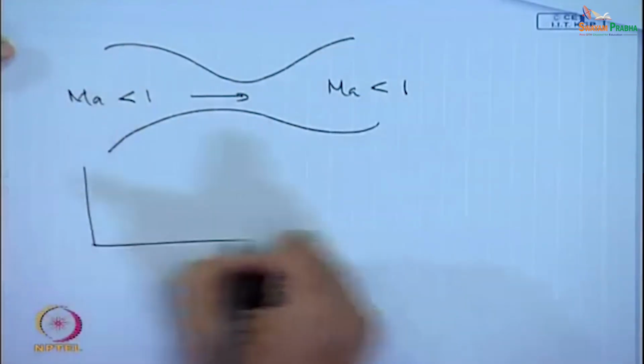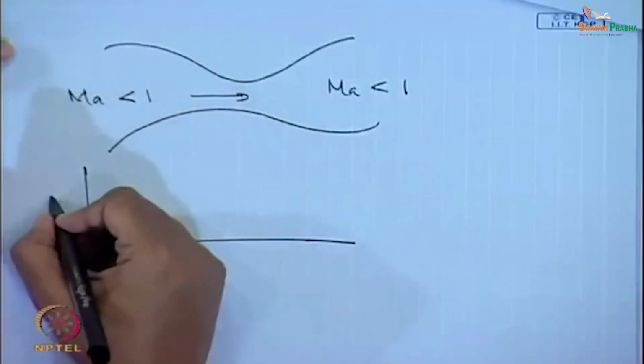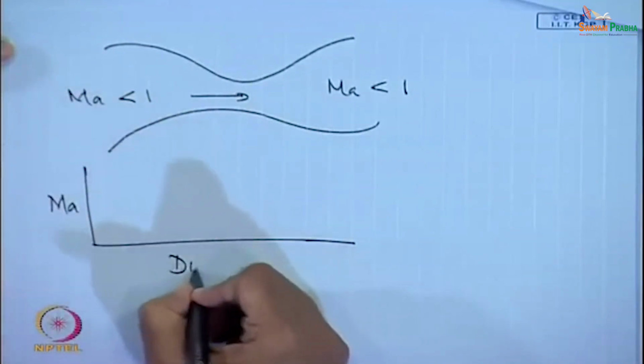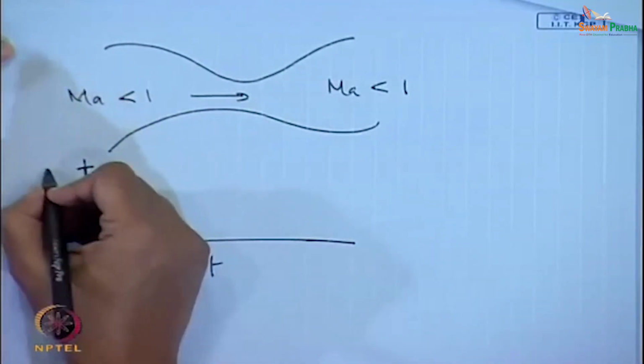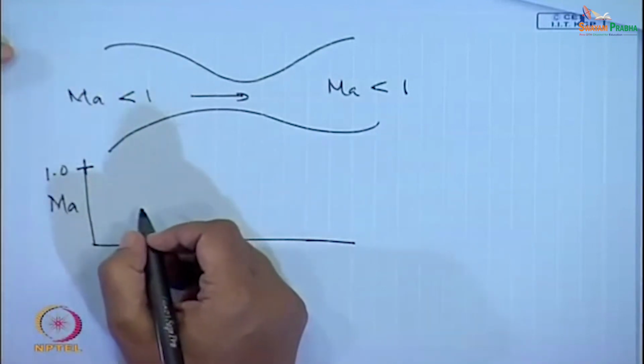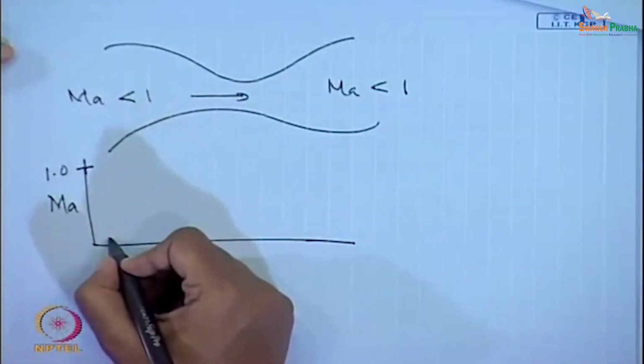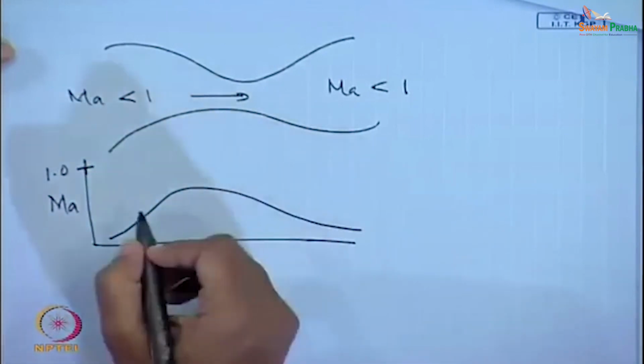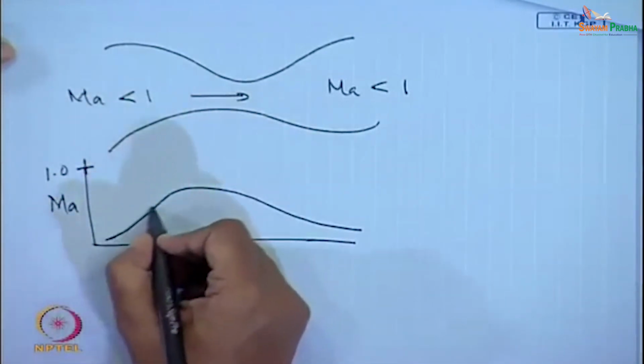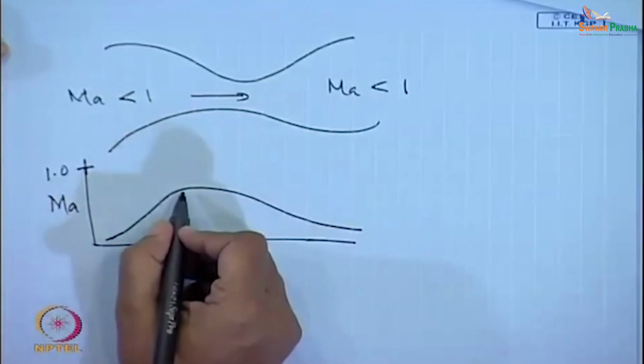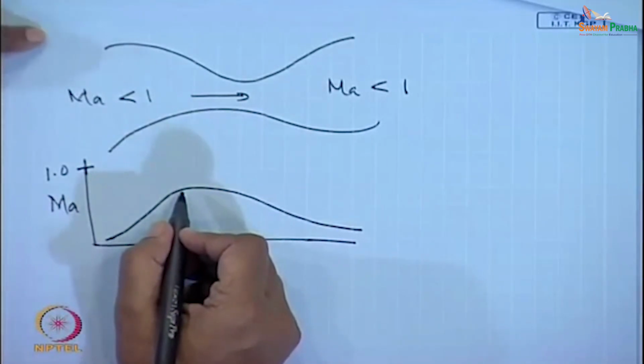In other words, if we plot Mach number with distance, say this is Mach number equal to 1, we can always have something of this sort. It starts in this way, it ends, but always it is subsonic throughout.